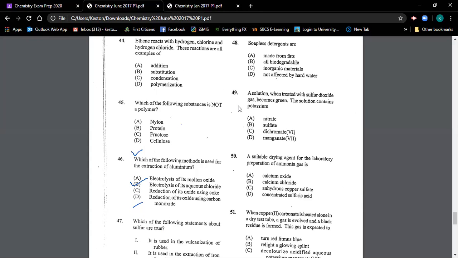Soapless detergents are made from fats, made from all biodegradable inorganic materials not affected by hard water. Any answers here?